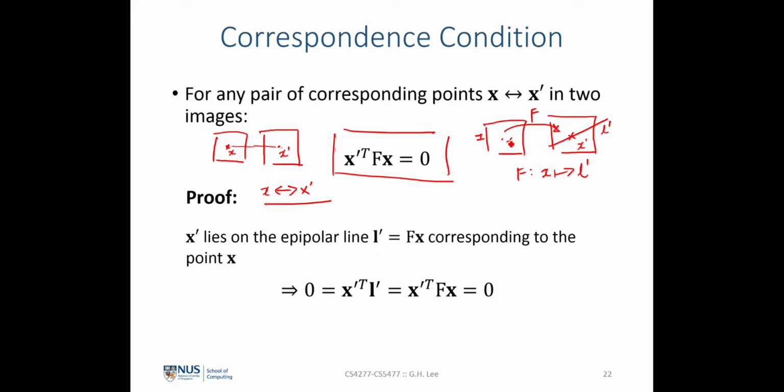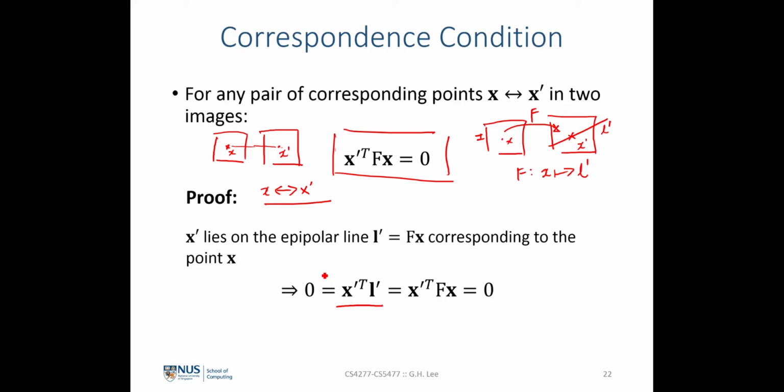So we can see that x in the first image is transferred to the second image as an epipolar line. We know that this epipolar line must contain the point correspondence of x, which we denote as x prime. So what this simply means is that there must be an incidence relation between x prime and L prime. And what this simply means is that the dot product of x prime and L prime, which is the epipolar line, must always be equal to 0.